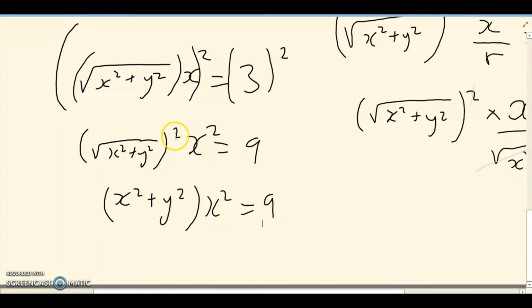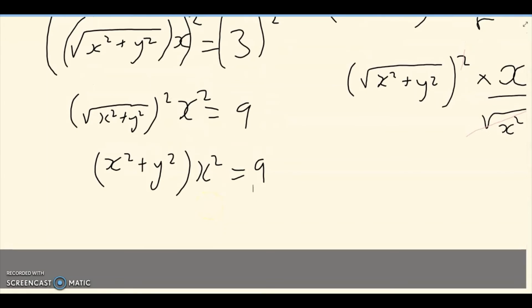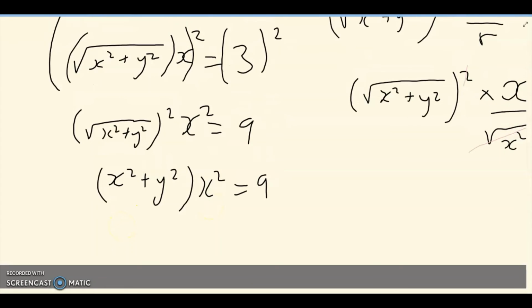So this 2 will cancel with the half of this, which will give us that. When we distribute, this is x to the power 4 plus y squared x squared equals 9, which is in rectangular form, and we are done.